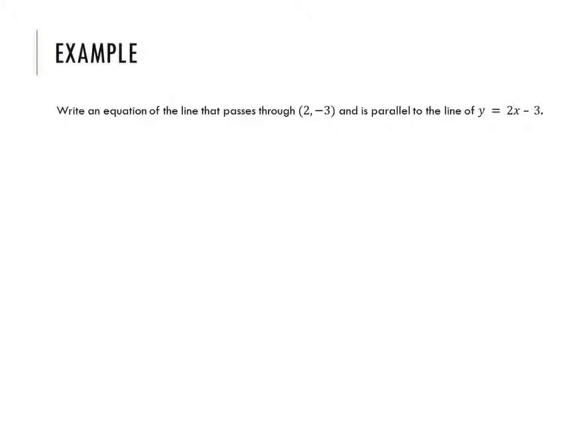So this one's going to tie in a little bit of that parallel and perpendicular we learned about in the last section. Write an equation that passes through this point, so I have a point, and is parallel to this line over here. Well, if you remember from last time, parallel means same slope.